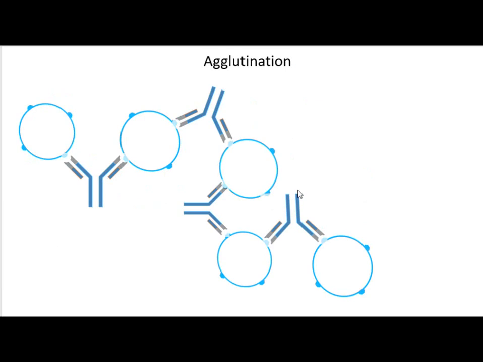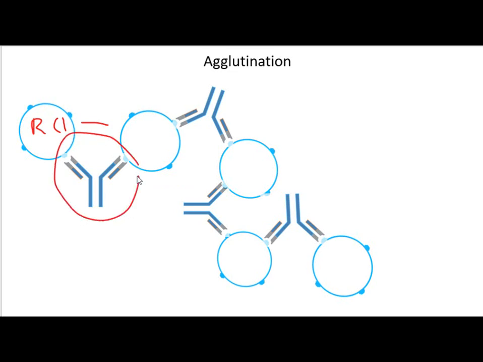And that clamping is called what? Agglutination. So what is agglutination in terms of red blood cells? It is when antibodies bind to red blood cells. Imagine this was a red blood cell from a stranger, a red blood cell that you don't recognize as self. And you had antibodies against those red blood cells.